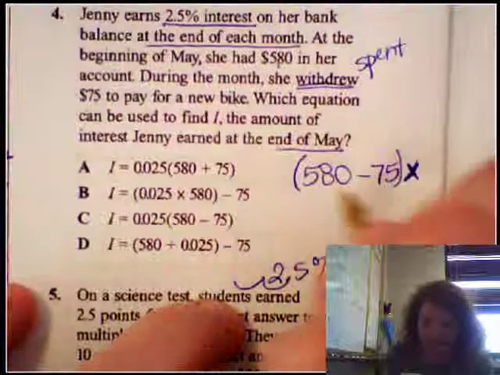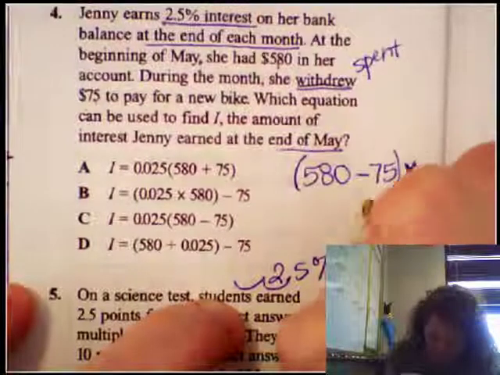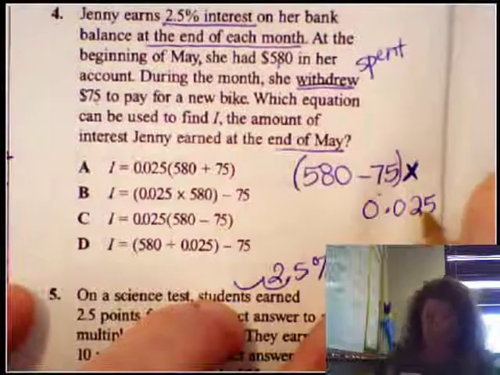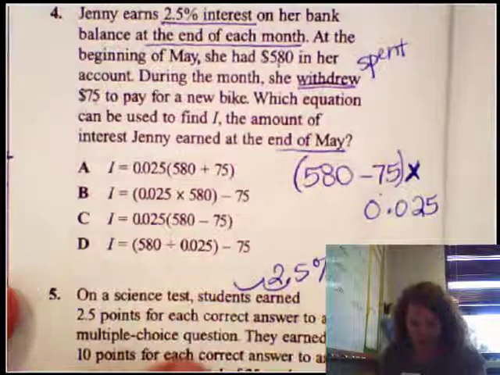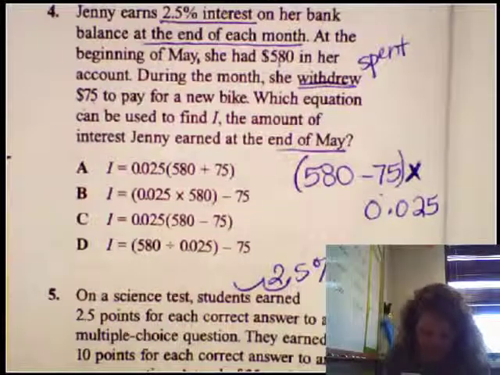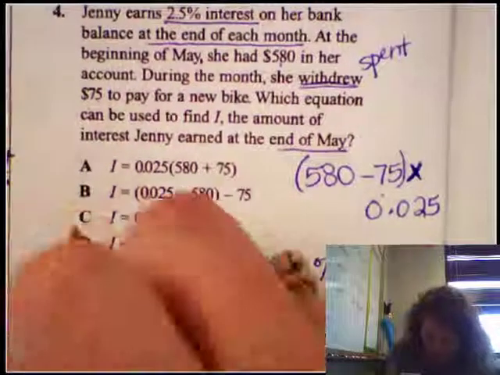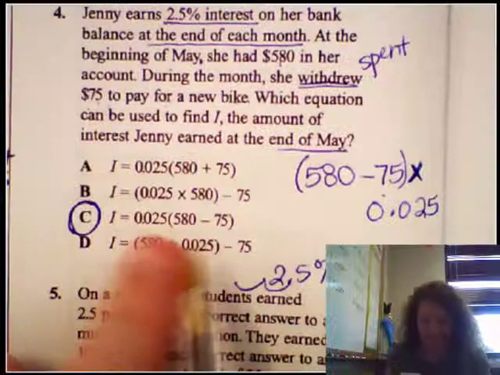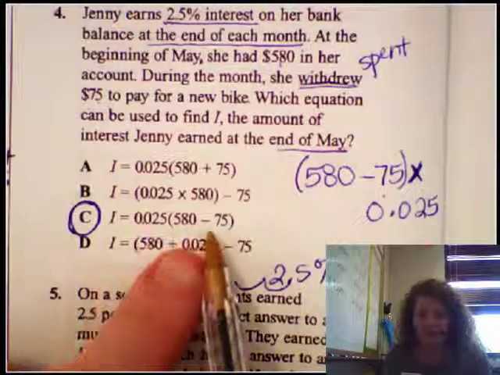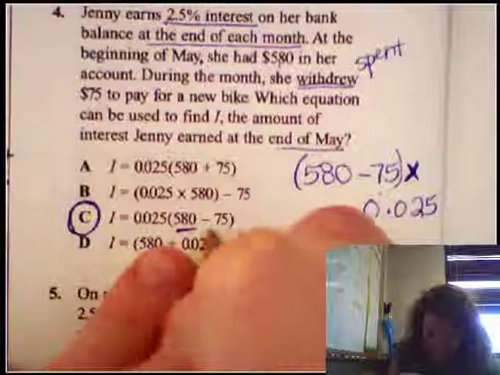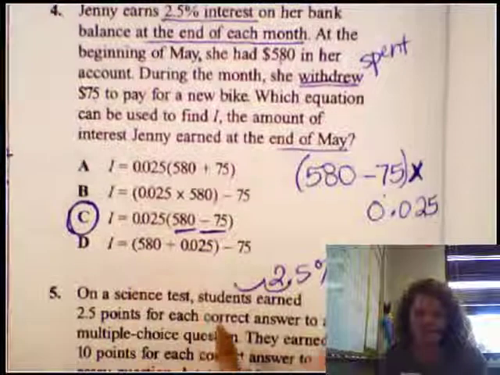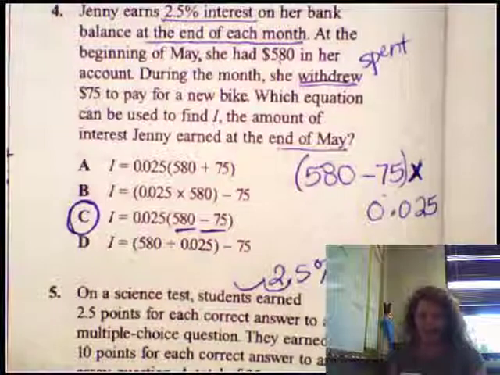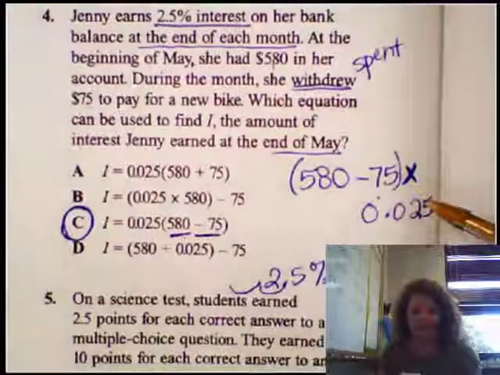So we're going to have to take how much was in her account and multiply it by 0.025. Let's see what choice matches that. Actually, right away, we know it has to be choice C, because choice C is the only one where they took the amount that was in her account and subtracted the 75 that she spent. So it's got to be choice C, which matches up with what we wrote. Great work.